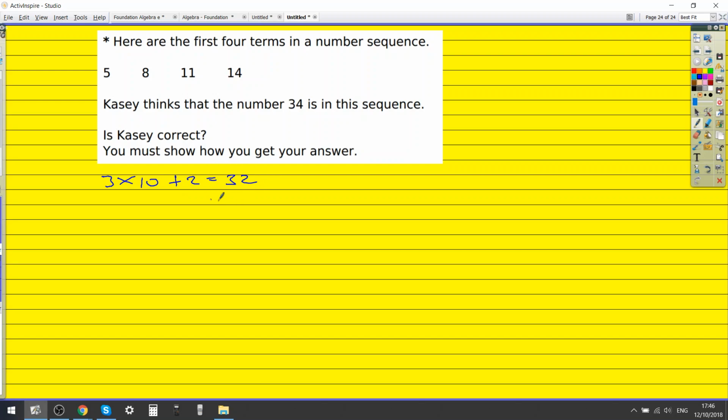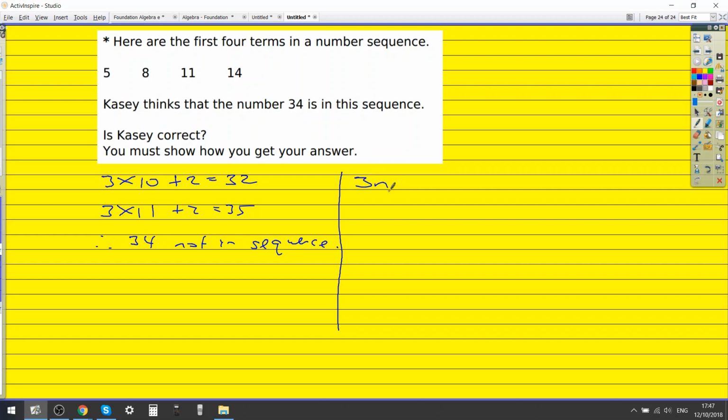What would be the term after this one? Well, after 32? Yeah. 35. And so you would need to say both 32 and 35. So therefore 34 is not in the sequence. Or in general, because you're trying to figure out, is it 10, is it 11, you're kind of guessing the numbers.